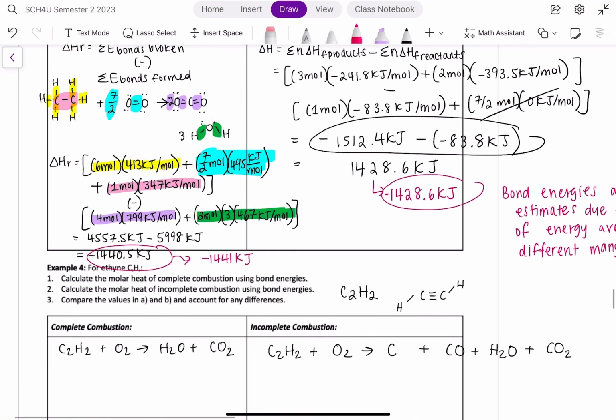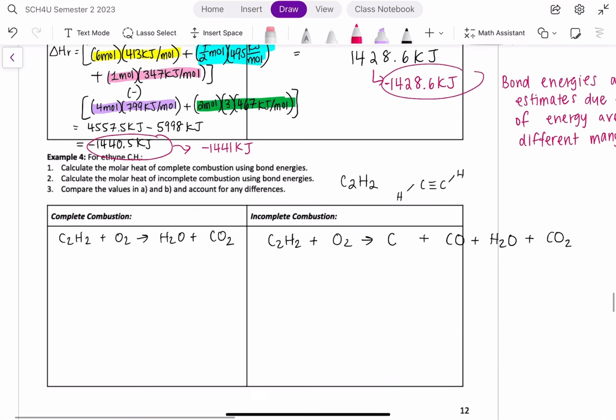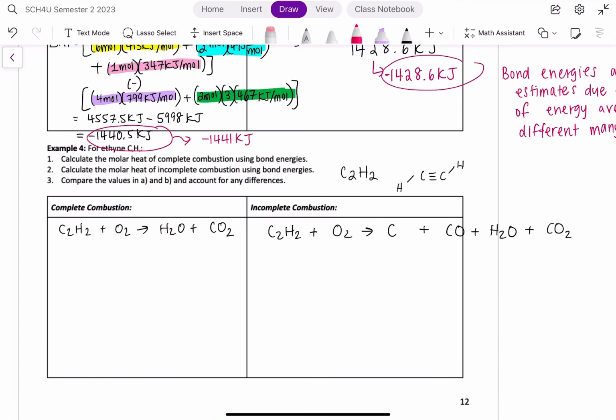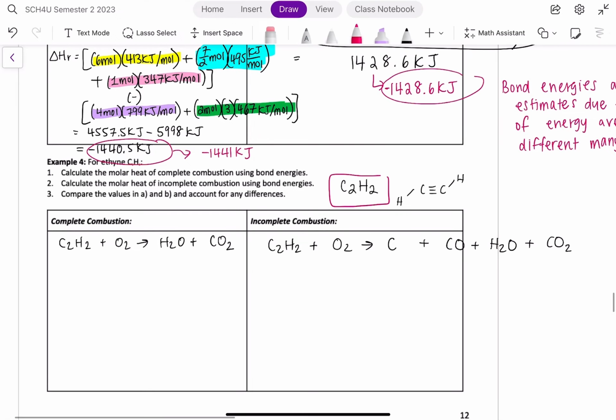Example 4 is comparing bond energies and solving for molar heat, again, for 1 mole of a specific substance, in this case for ethyne. So C2H2, ethyne.